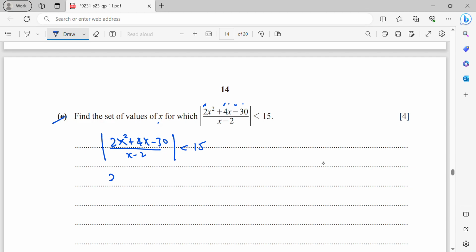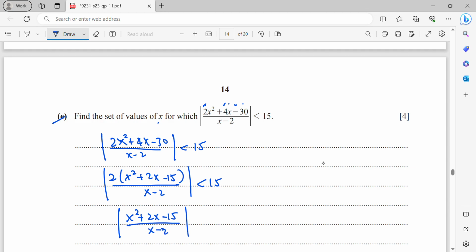I can factorize a 2 from the numerator. Then this 2 can be taken out and moved to the right side. It means modulus of x squared plus 2x minus 15 over x minus 2 is less than 15 over 2.